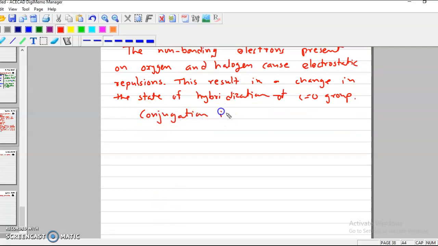Conjugation is diminished and absorption occurs at higher wave number.